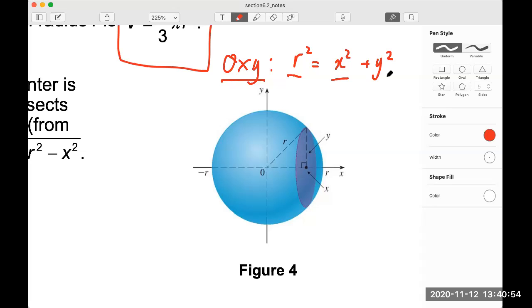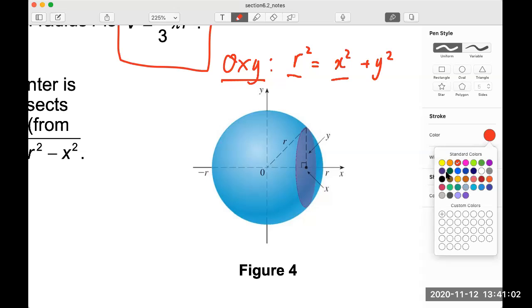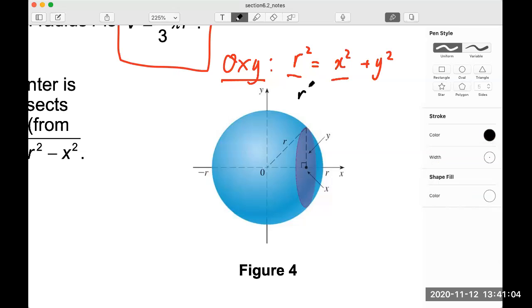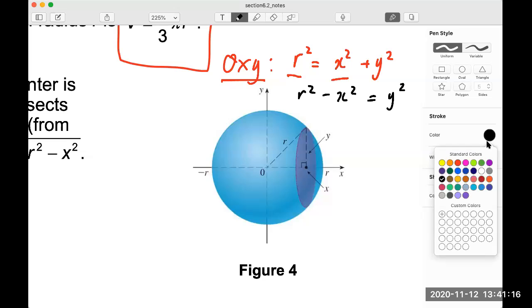So how can we do that? Okay, very good. Now if we subtract X squared from both sides, we'll have Y squared here, right? Very good. And then after that we can take the square root of both sides, right?